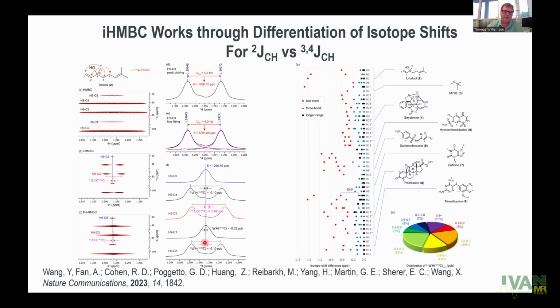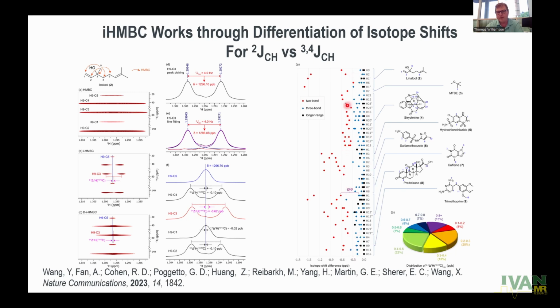And if we go through here and look at these very carefully and measure them very carefully, what we can see is there's a dividing line between an upfield isotope shift of about negative 0.5 ppb for two bond proton carbon correlations and something less than that for all of our three bond or larger HMBC type correlations.